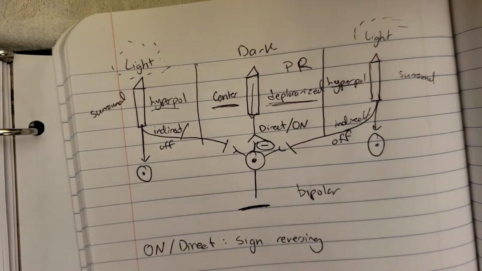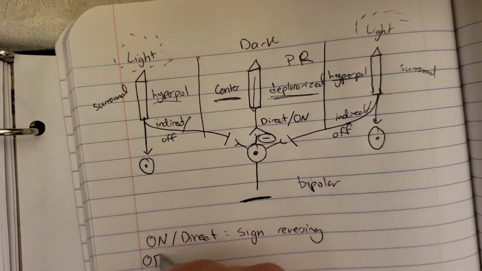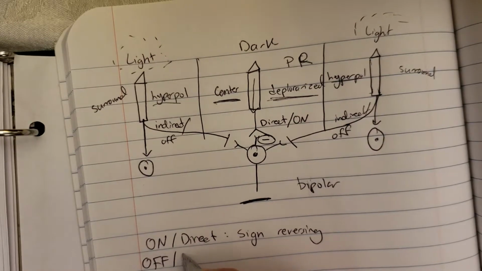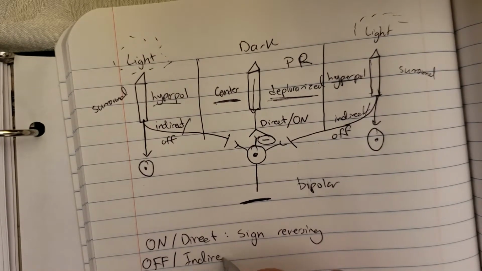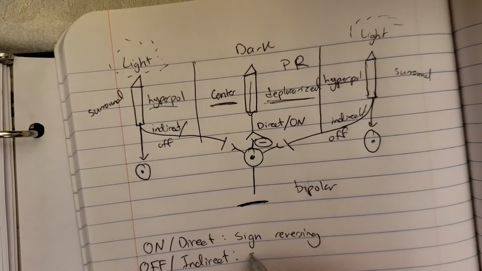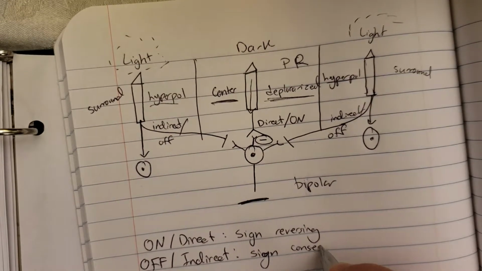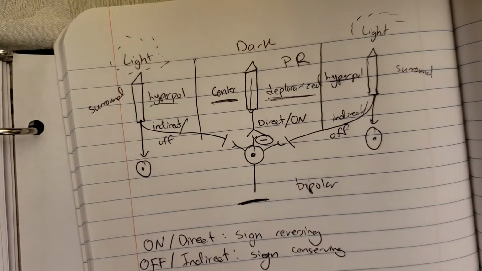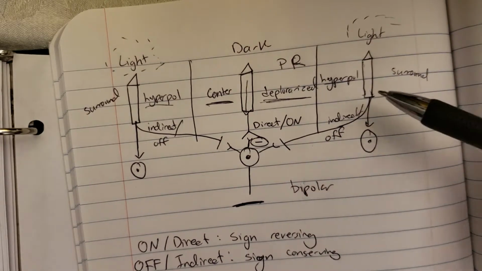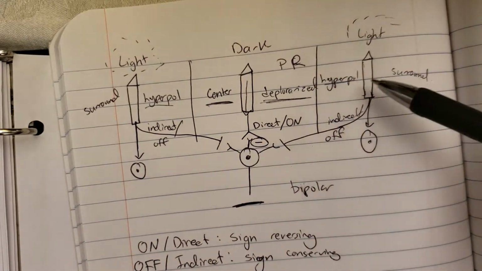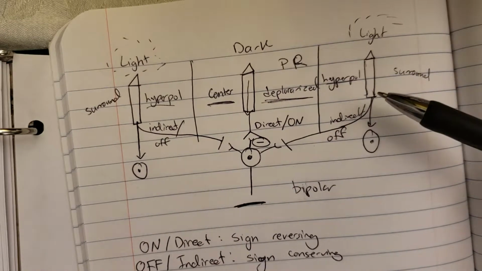So the off or the indirect pathway, we call it sign conserving, meaning that it conserves what's happening in the photoreceptor that it's coming from.